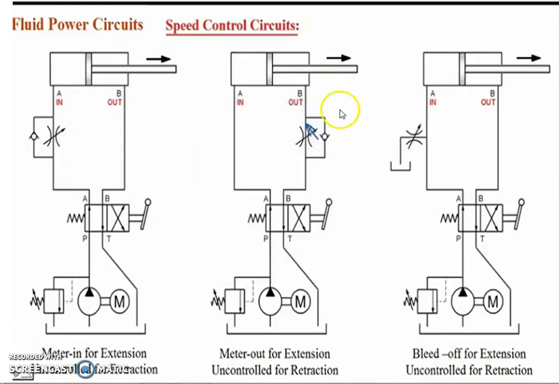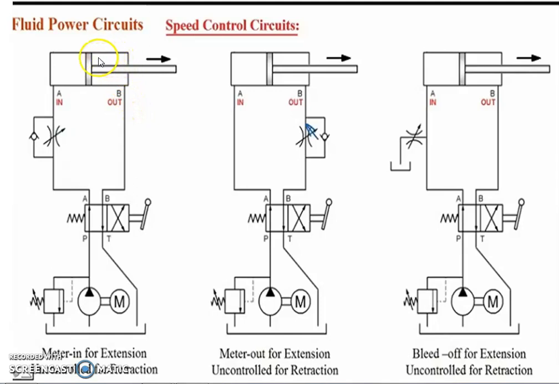Now in second position, when we press this hand lever, the direction control valve goes to second position. Hydraulic oil flows through P to B and A to T. In second position, hydraulic oil flows through P to B. Here there is no control.